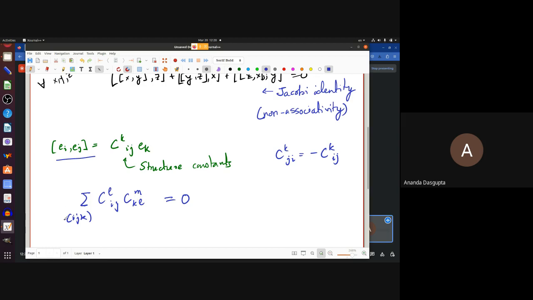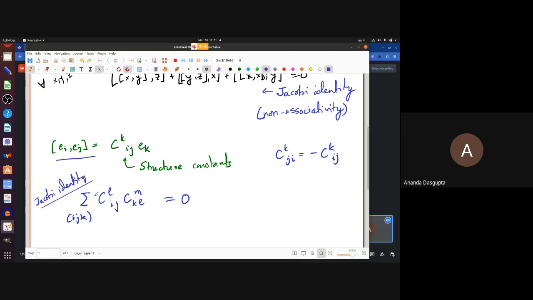This is not a universal notation, but many people use it. And this really means a cyclic sum of this quantity, this product of pair of structure constants with I, J, K interchanged cyclically added together gives you 0. This is a direct consequence of the Jacobi identity for the Lie bracket. It's actually called the Jacobi identity for the structure constants.